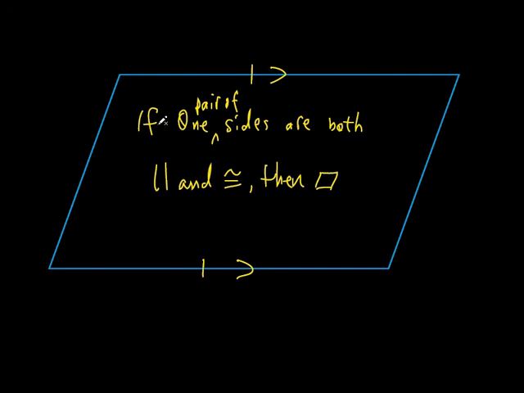So if just one pair, it could have been these two right here that were both parallel and equal to each other, but I just chose the top and the bottom one. So if that's true, then it's a parallelogram. Everybody with me on that? All right. So now let's get back to that example.